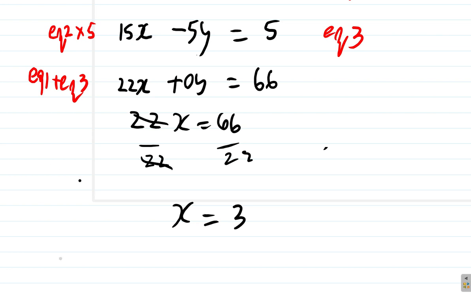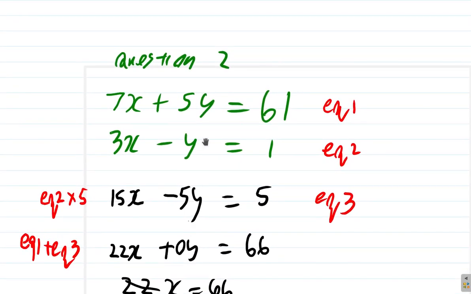Now that you know that x is 3, what do you do with it? Let's look at one of these equations. We can use equation 1 or 2 to work it out. Equation 2 is more convenient, because it has smaller numbers.